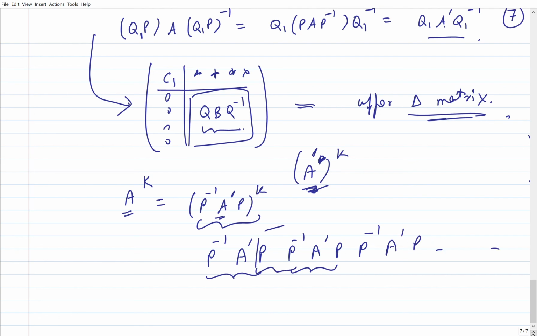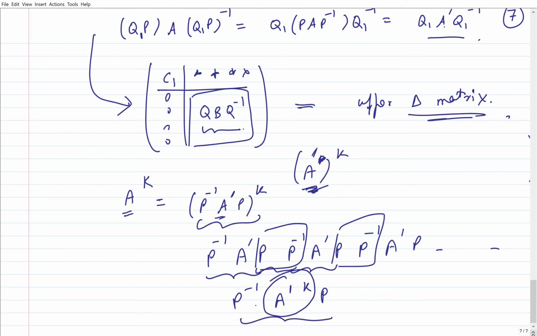These guys form identity, they cancel. So I'm left with P inverse A prime to the power of k P. So this is computationally rather easy to calculate since it's a diagonal matrix.